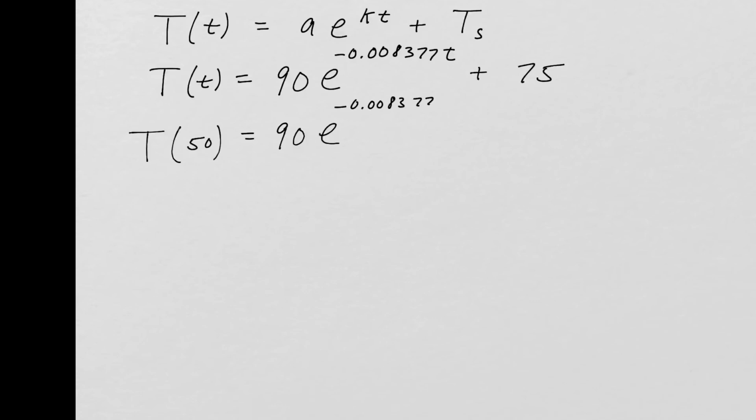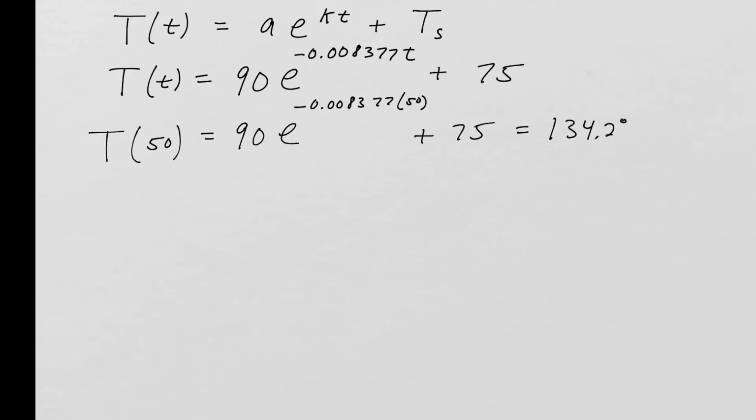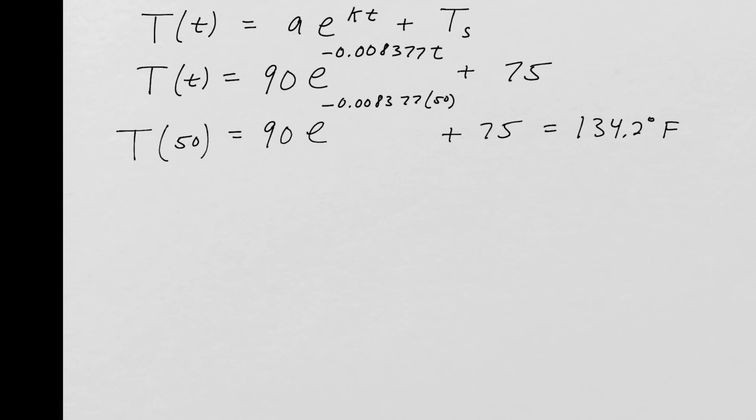So this time up here is going to be 50. So this you have to work out on your calculator, right? And if you work this out, you're going to find that this is equal to 134.2 degrees Fahrenheit.